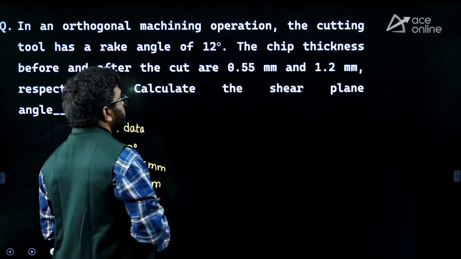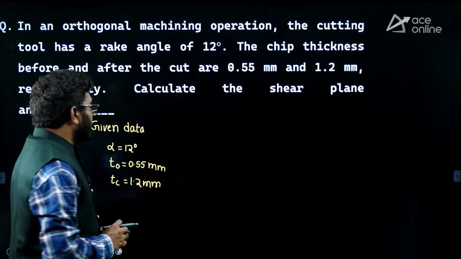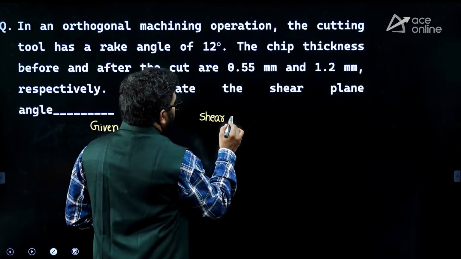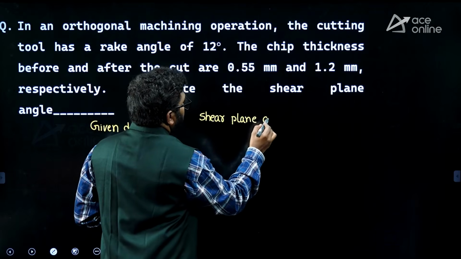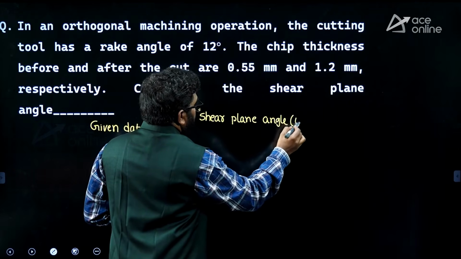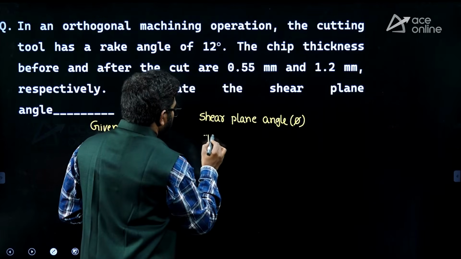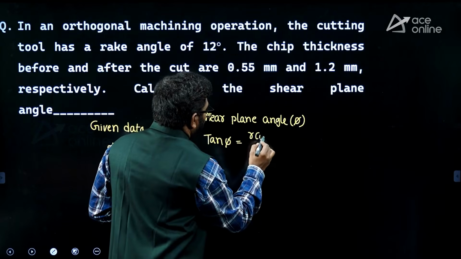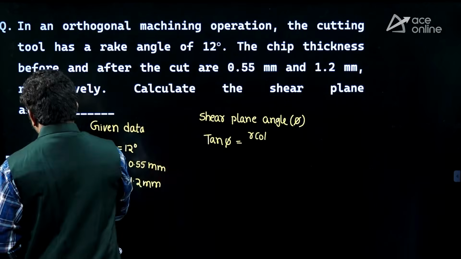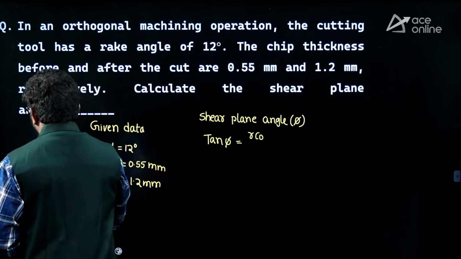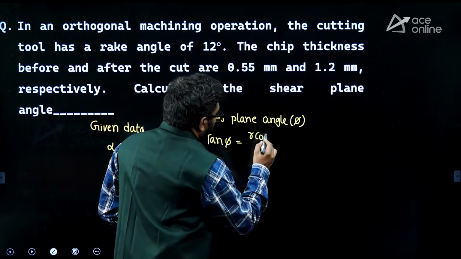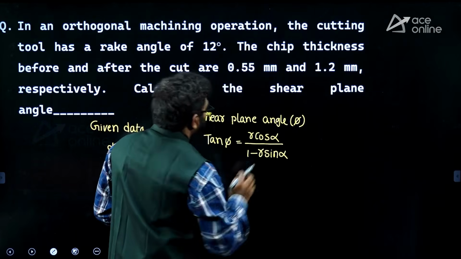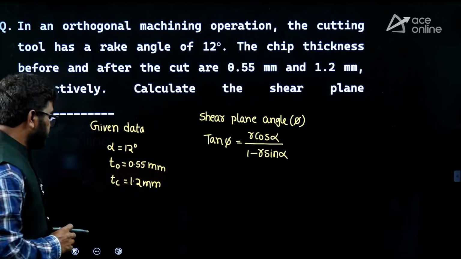So, what is shear plane angle? How will you calculate shear plane angle? Remember, I need shear plane angle, that is phi. The formula is tan phi is equal to r cos alpha by 1 minus r sin alpha. Here r represents the chip thickness ratio.